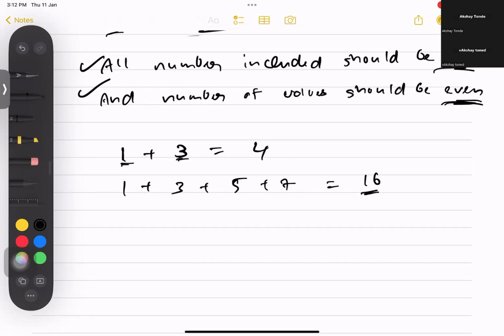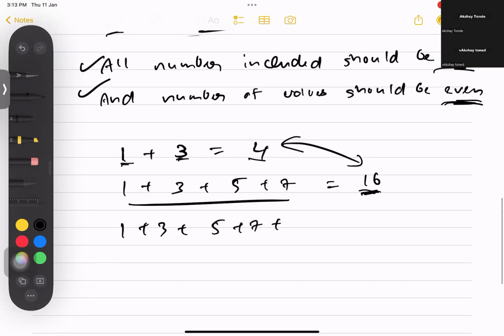So if we are trying to include 4 numbers in the set, the value should be at least 16, because below 16 we can never include 4 numbers to achieve that sum. So for all the numbers between 4 and 16, we can use 2 numbers, but we cannot use 4 numbers. Similarly, 1 plus 3 plus 5 plus 7 plus 9 plus 11 gives us 36.